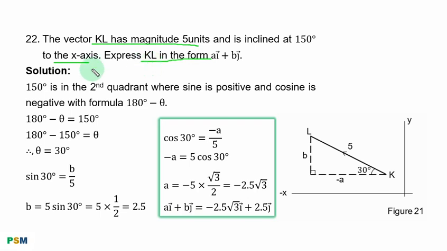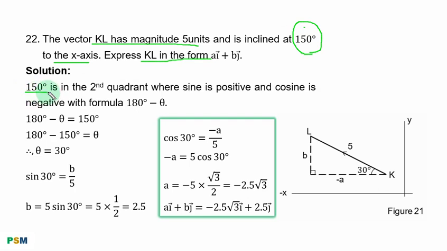Solution. We wish to work with any of the special angles of 30 degrees, 45 degrees, or 60 degrees. For that reason, we have to convert this given angle to any of the special angles.